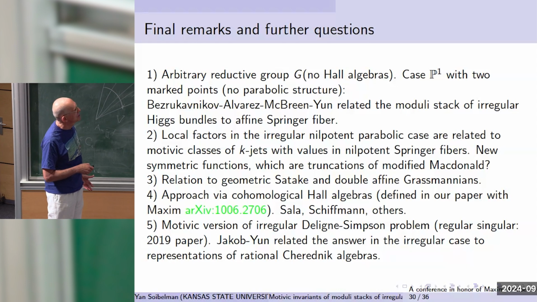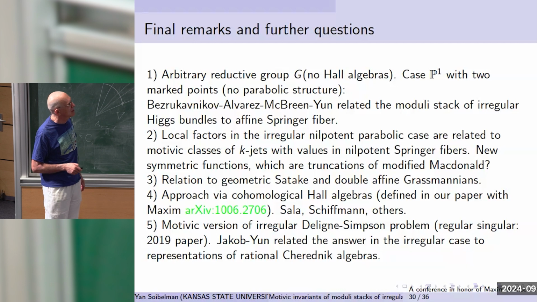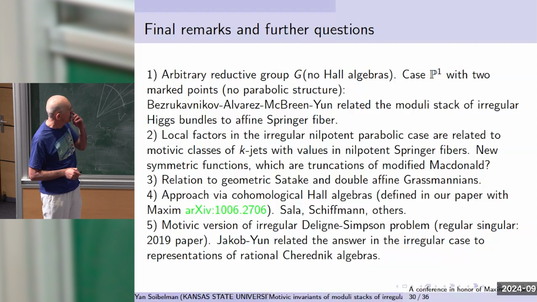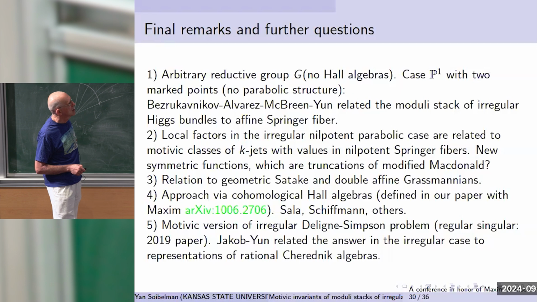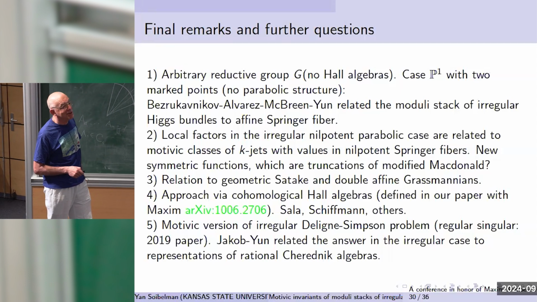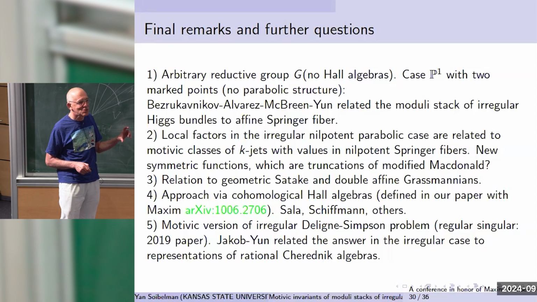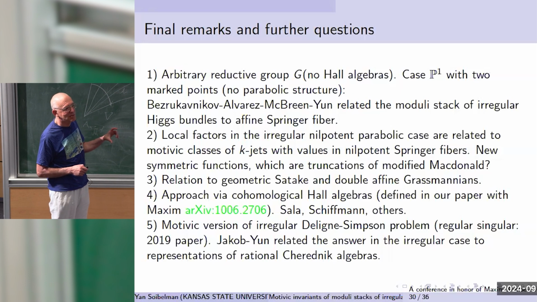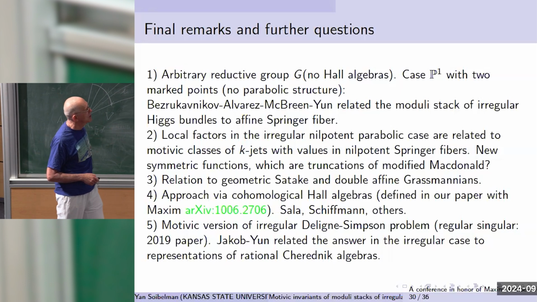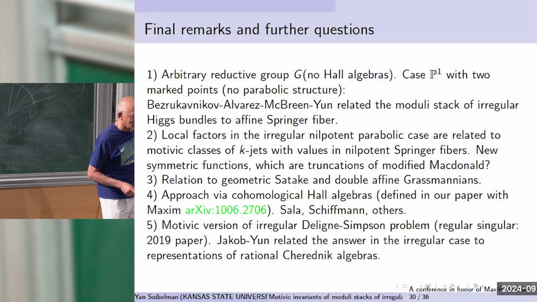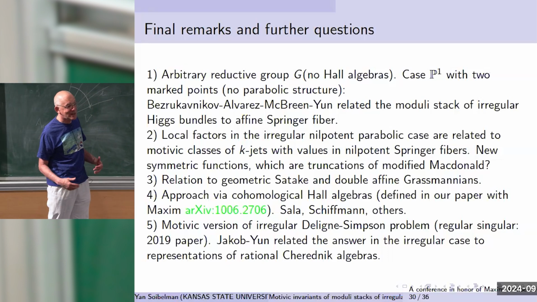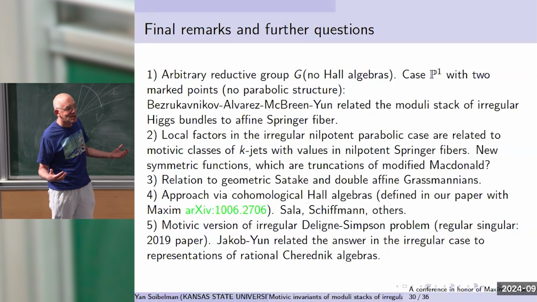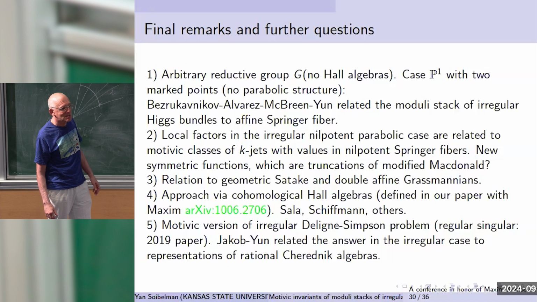We wrote something about that in our 2019 paper, but there was a quite recent, actually it's after this, G.V. Yun with one of his students considered irregular Deligne-Simpson, again, P1 with 2 marked points, same setup, arbitrary group G, and it turns out that the answer can be expressed in terms of representations of the rational Cherednik algebra, just which orbits are reachable, are good.